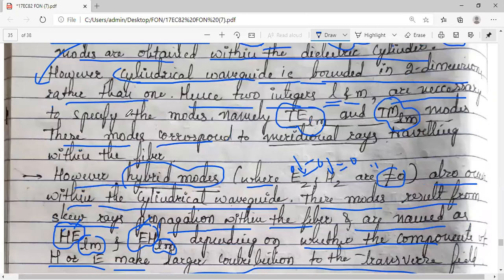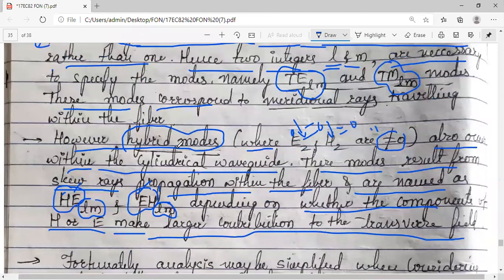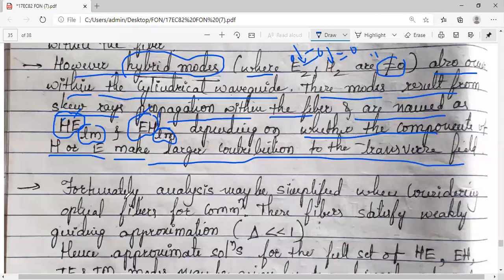However, as I said, Maxwell's equation analysis for cylindrical waveguide is very complicated. But practically speaking, when we use cylindrical fiber for communication in optical fibers, the analysis is a bit simplified by making some approximations. What is that approximation? This del value is very, very less than 1.